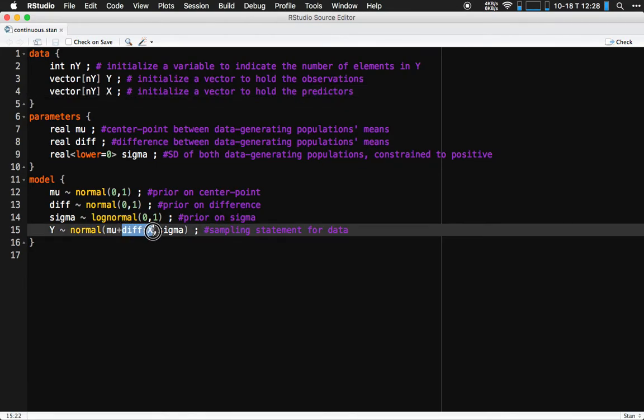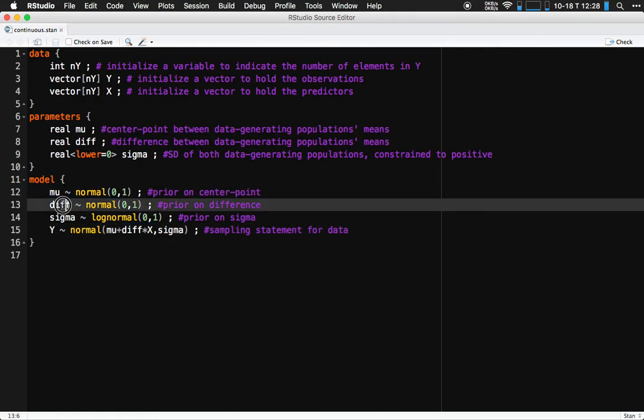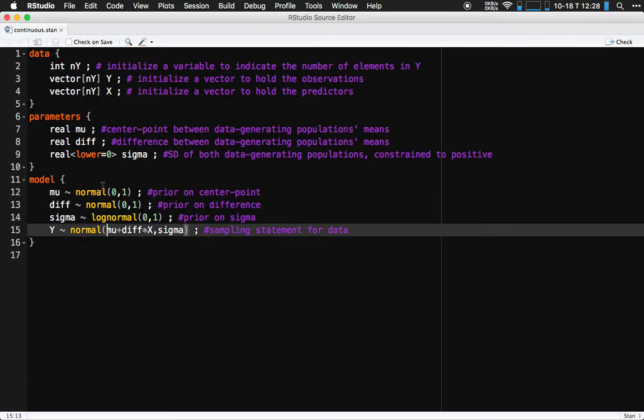So that made it so that we're moving away from the intercept to one of the groups or to the other of the groups. And of course, we've got a prior on the intercept and a prior on the difference. These priors are there just expecting the data to have been standardized in the first place, hence the normal 0, 1.